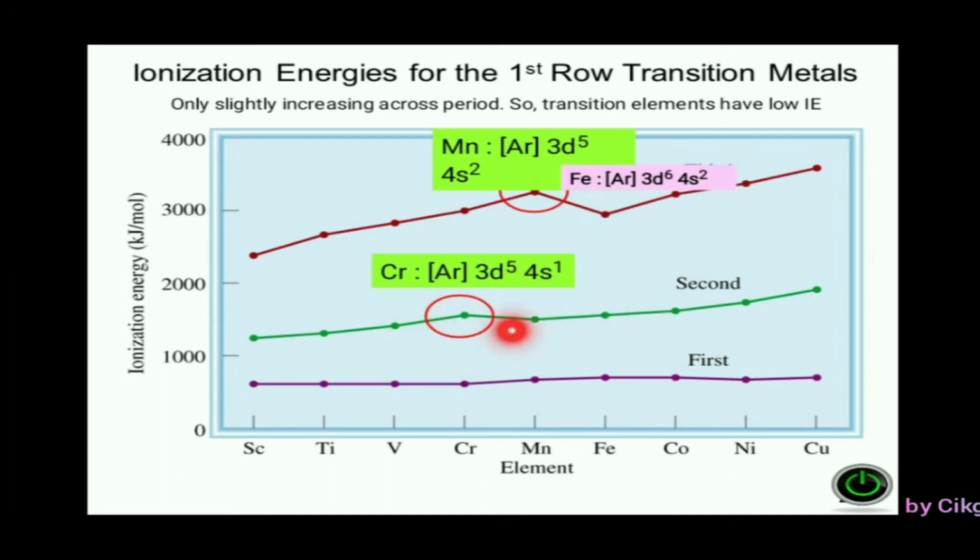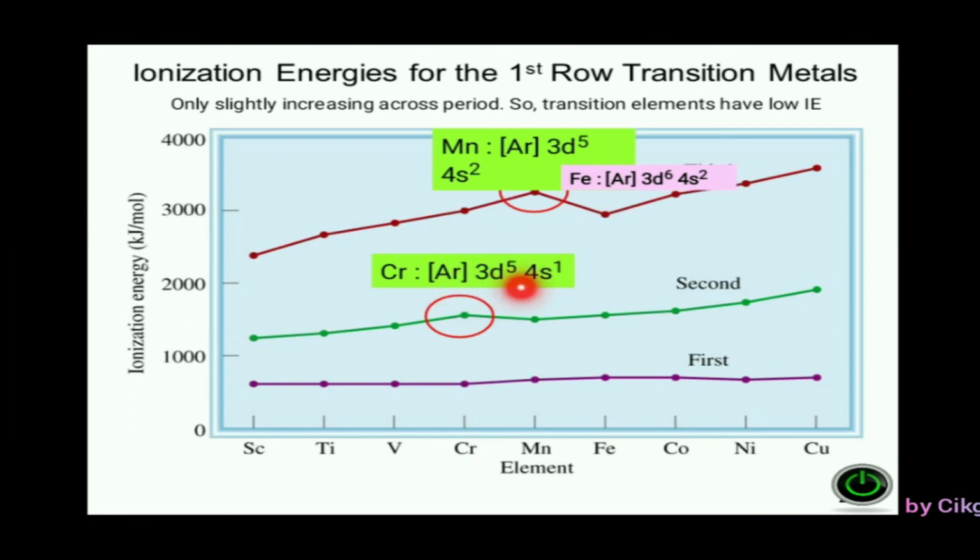For chromium, we remove the first electron from the 4s orbital, so lower energy. Then for the second electron, the second IE, we remove the electron from the 3d5 orbital. Same as manganese, this 3d5 is a half-filled orbital, which is the most stable.